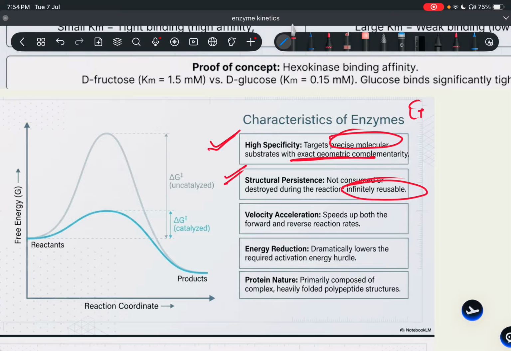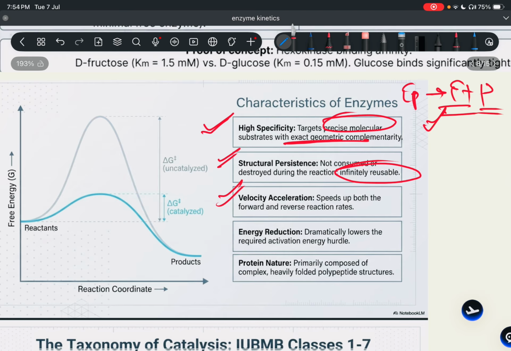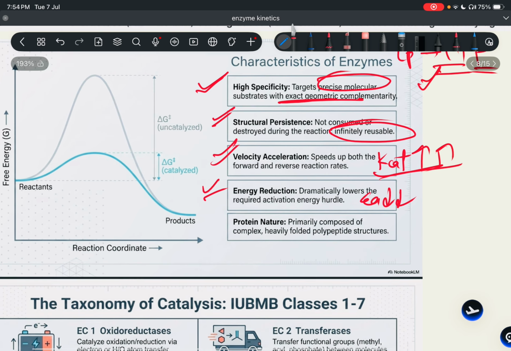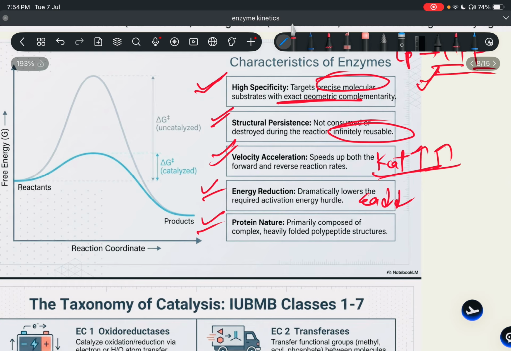Once your enzyme product is formed, it is liberated like this. So your enzyme structure is not deformed, it's maintained, and therefore you can reuse it. Velocity acceleration, the Kcat, better, best, energy reduction.